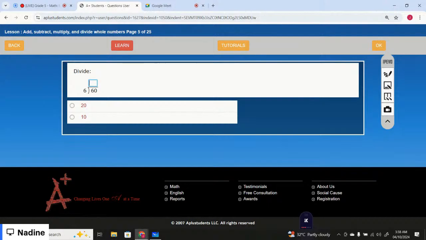60 divided by 6, which is the correct option? That is 10.